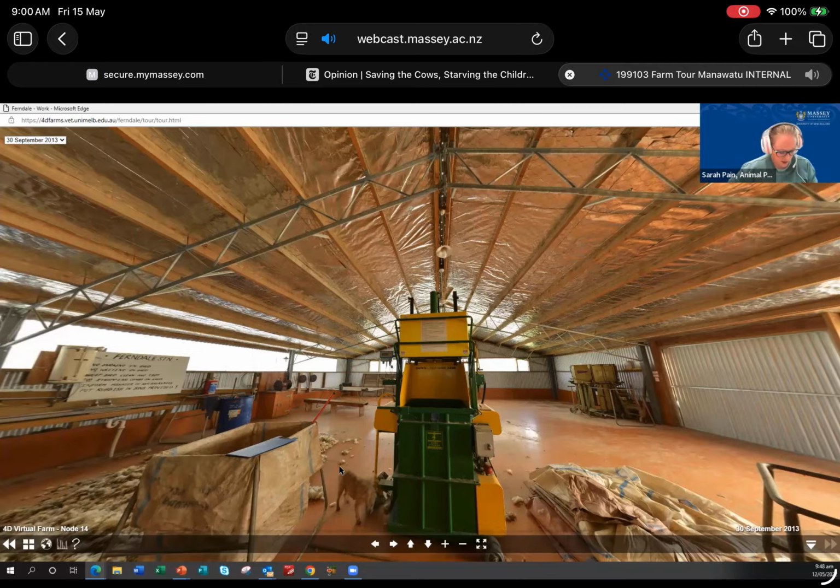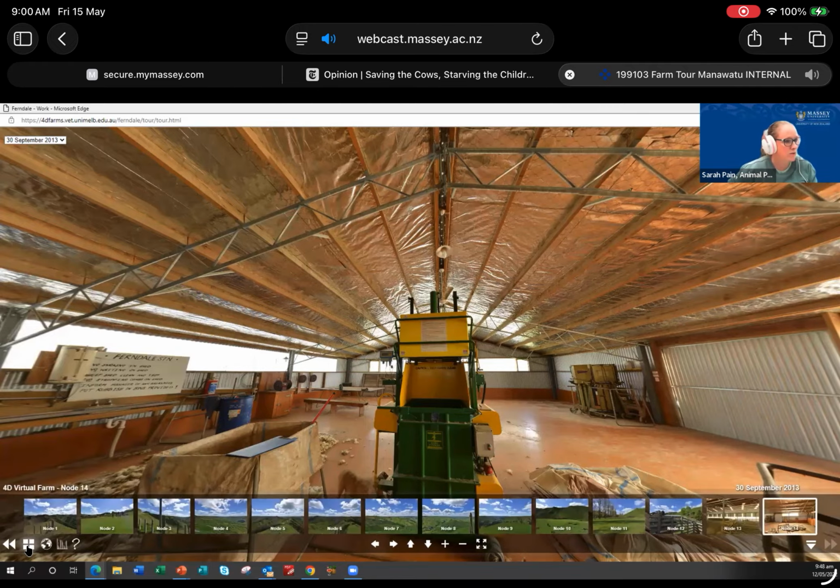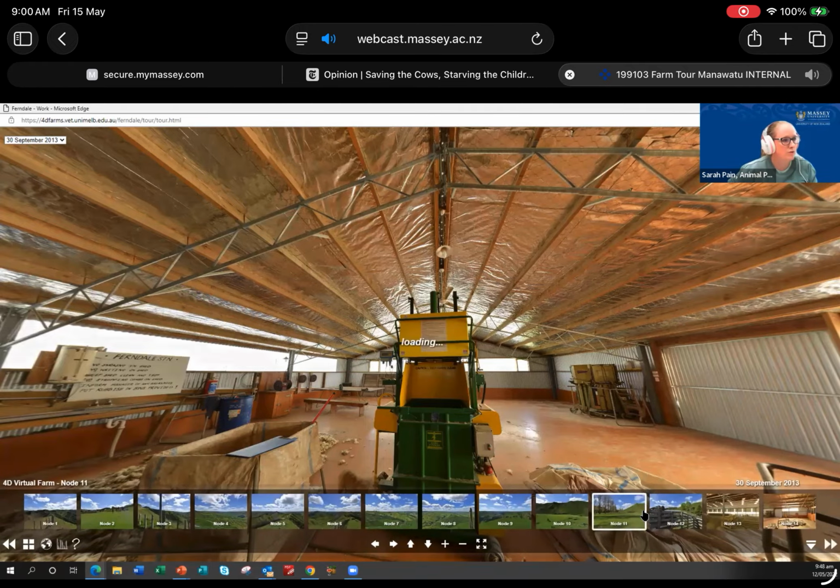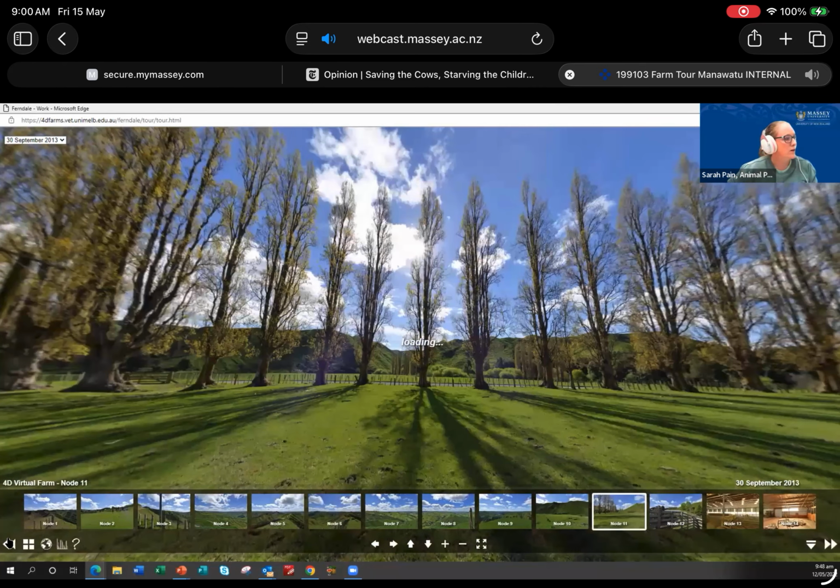The only thing else I needed to show you was these little flat paddocks. Whilst a large proportion of Ferndale is steep to very steep, they do have some flat paddocks, and typically flat paddocks are reserved for activities like lambing. It's easier to look after ewes that are lambing when they're in a flat paddock.